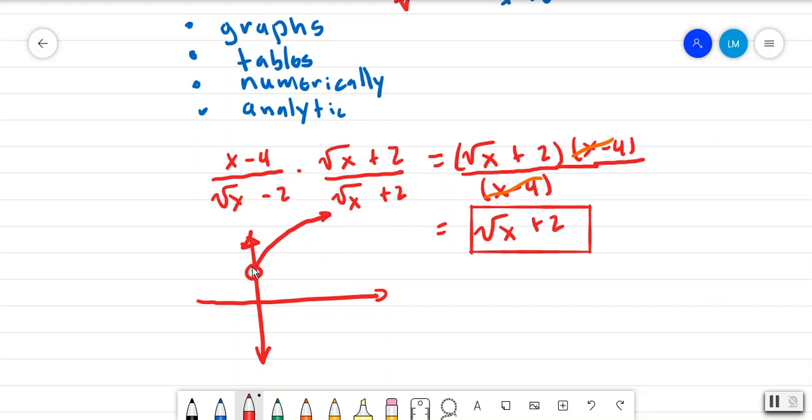But you would have had a hole at 4, actually. Yeah, that's right. You would have had a hole at 4 because that's where it was undefined. I will just put a small hole right there.